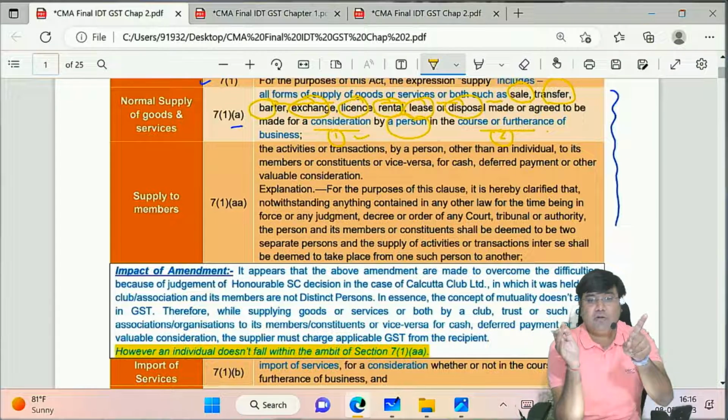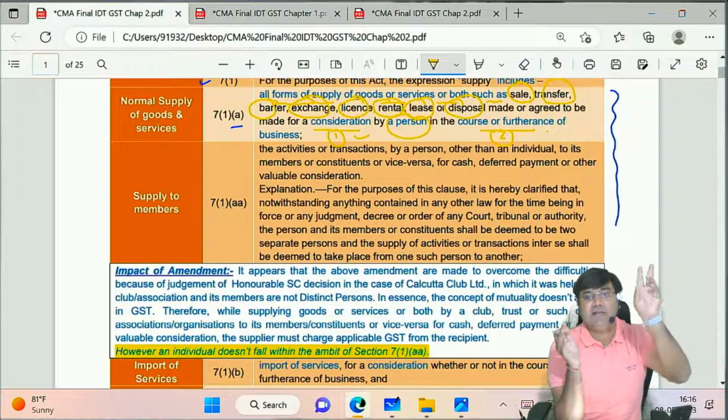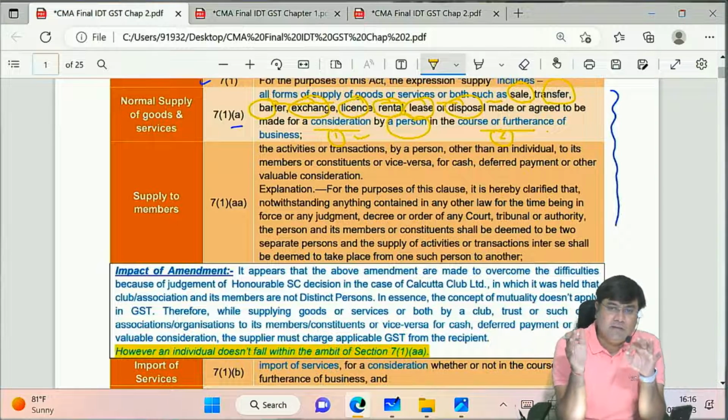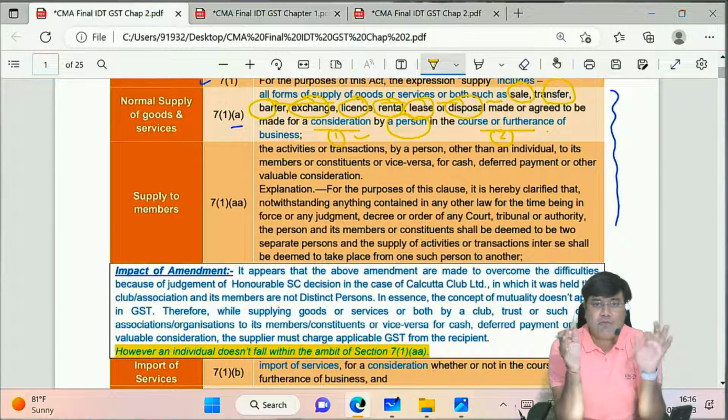But consideration is not there. I am giving it free. So both conditions are not satisfied. That's why it is not a supply, not subject to GST. But when I charge 1 rupee, it may not be sufficient consideration, but it is a supply. We don't need to see whether the consideration is sufficient or adequate or not.